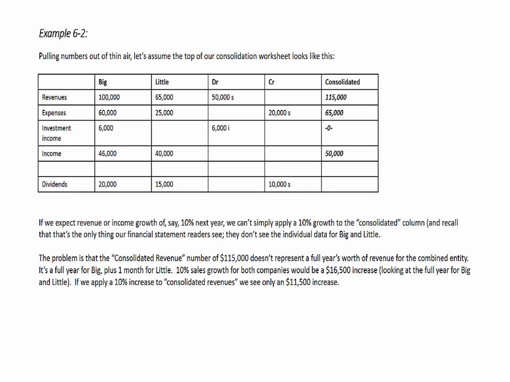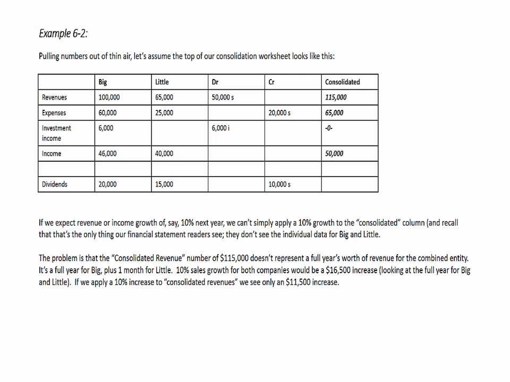So the resulting totals, let's look at revenues for a moment. Revenues, Big $100,000. Of Little's $65,000 in revenues, we're eliminating $50,000, so the consolidated revenues are $115,000. Now, if we expect, say, 10% sales growth next year, this $115,000 of consolidated revenues is useless for purposes of projecting into the future.